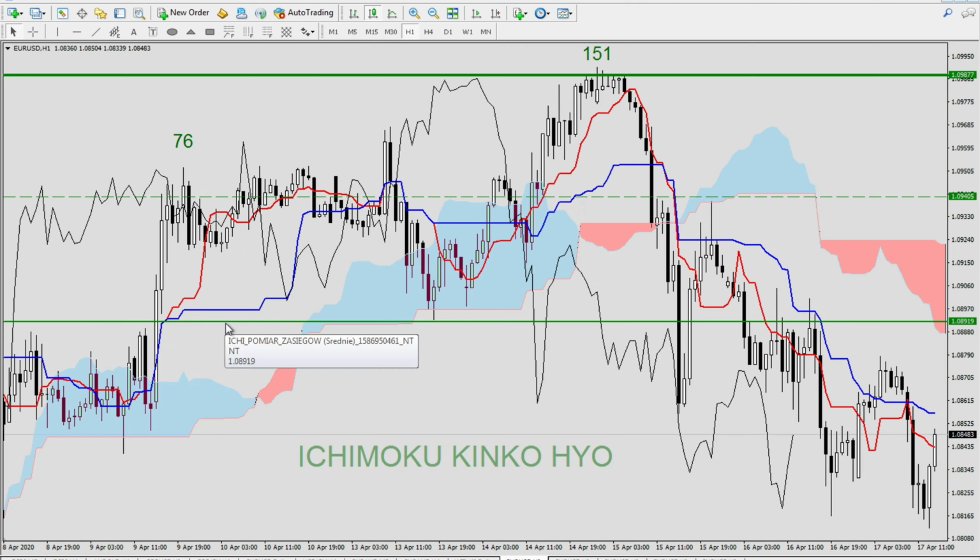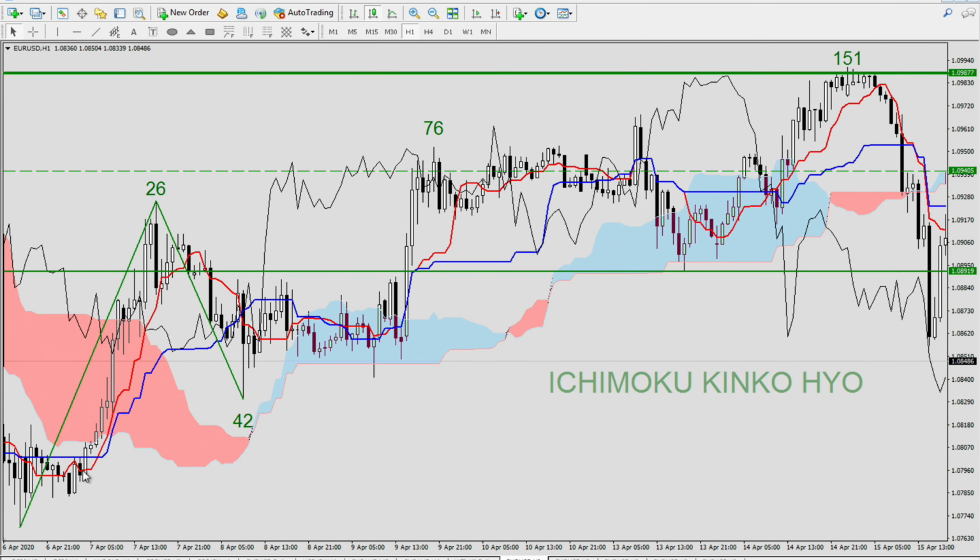In the meantime, we have a target NT, which of course was taken through this candle, then beautifully retested, still remaining in the Kumo, and then getting up to target N. What's important? We got into target N at a certain time, which is according to Hosoda's time theory, and as well according to the wave theory.